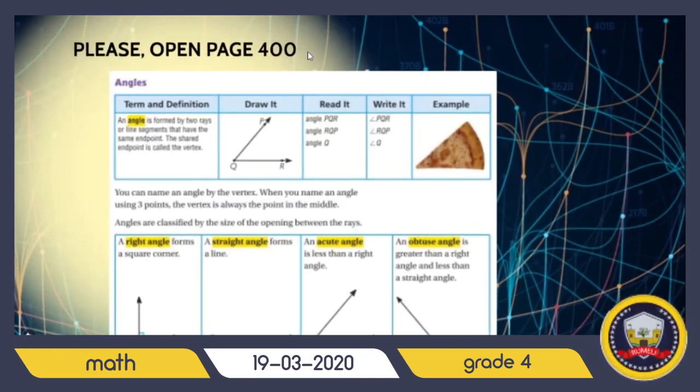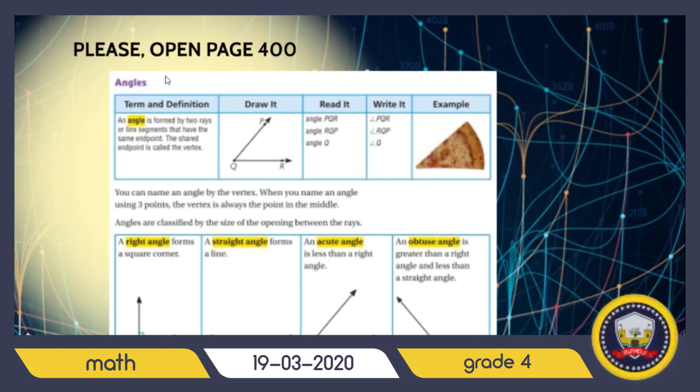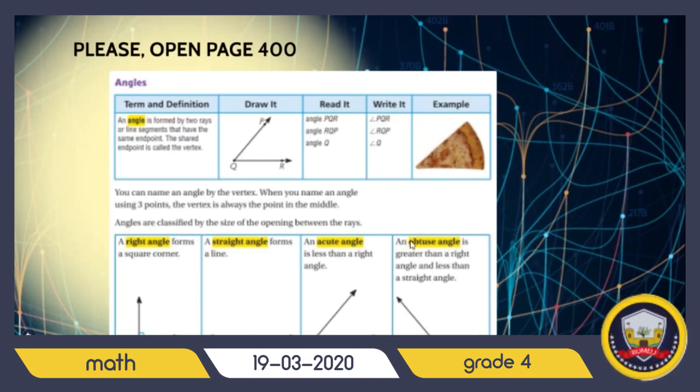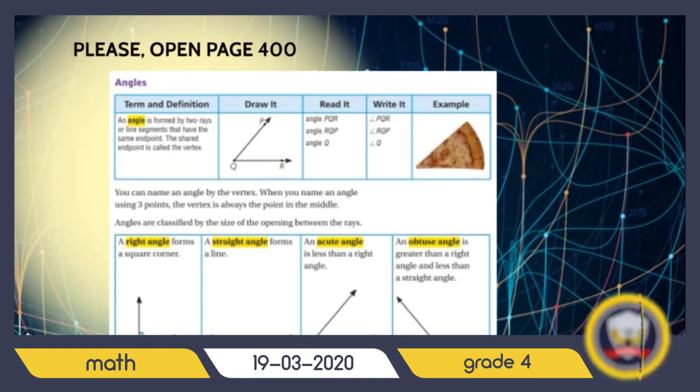Right now open page 400. So we talk about angles. Remember angles. Remember right angle, straight angle, an acute angle, and an obtuse angle. So a right angle forms a square corner. We already said that if there is a square here, it shows a right angle.